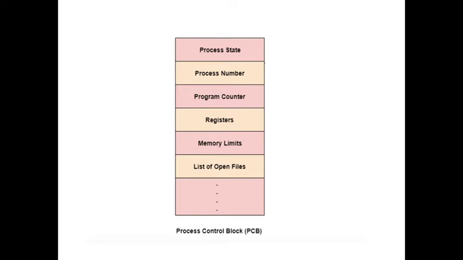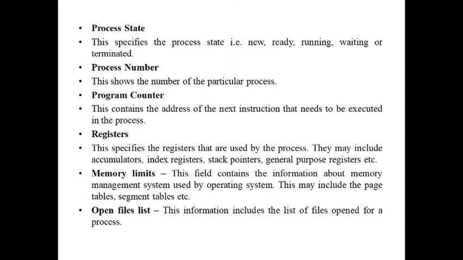Now we will discuss the process state. This specifies the process state, that is new, ready, running, waiting, or terminated. When a process is about to execute, it is called new. When it is waiting for resources, then ready. These states we have discussed in previous classes.